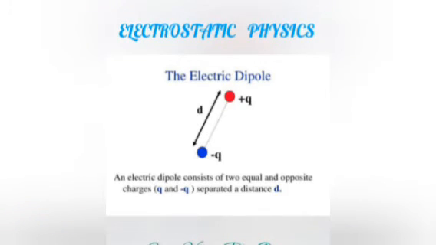Next topic, electric dipole. An electric dipole consists of two equal and opposite charges q and minus q separated by a distance d. Here d and 2a and L are all the same, a small distance.